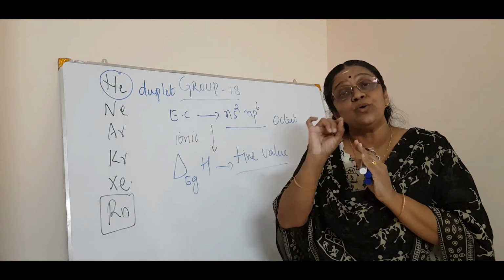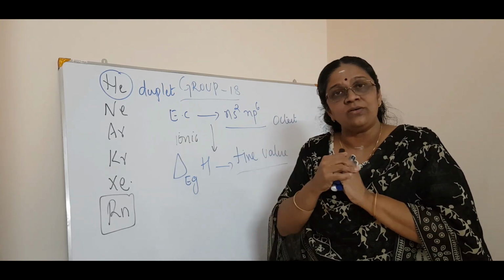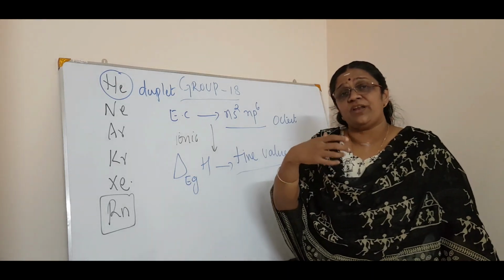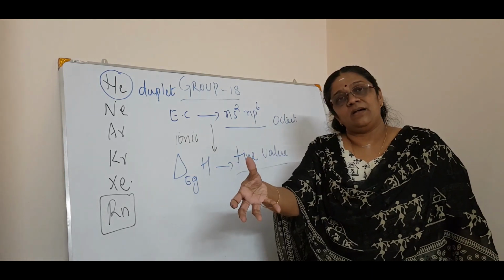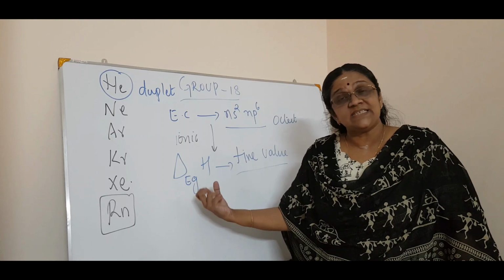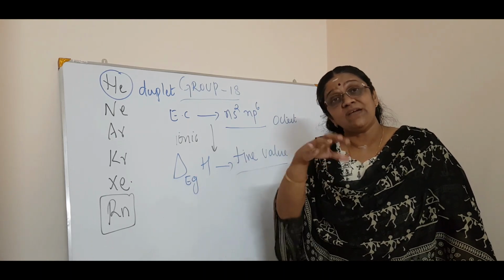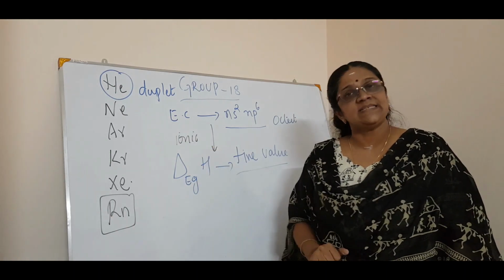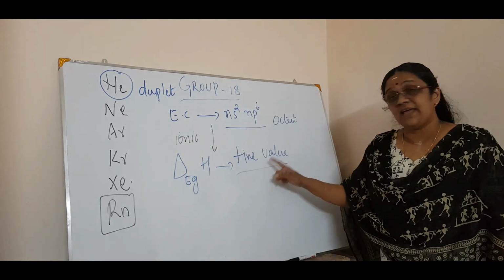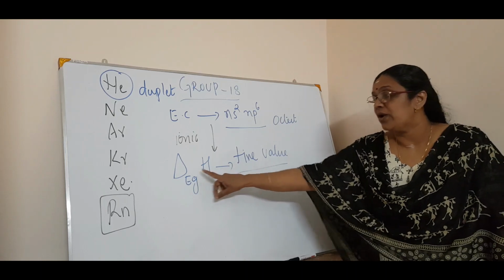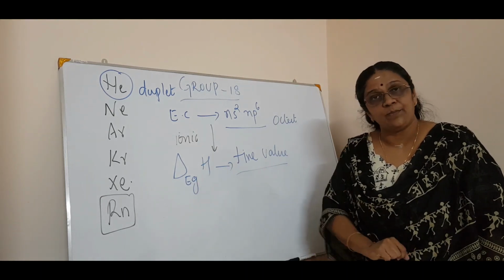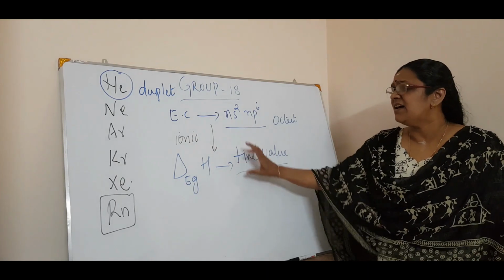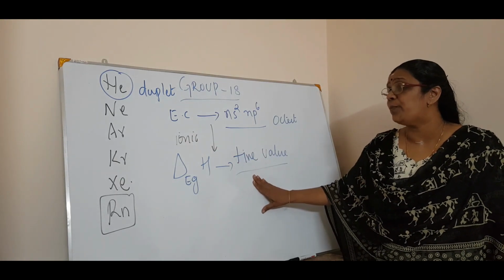If you want to disturb them by adding an electron, it will have a positive value. So much energy should be given, not released. It is endothermic. You have to give so much energy in order to put an electron onto a noble gas element. That is why they have a positive value for electron gain enthalpy. Okay, so that is important. Keep in mind. So these are the trends for the 18th group elements.